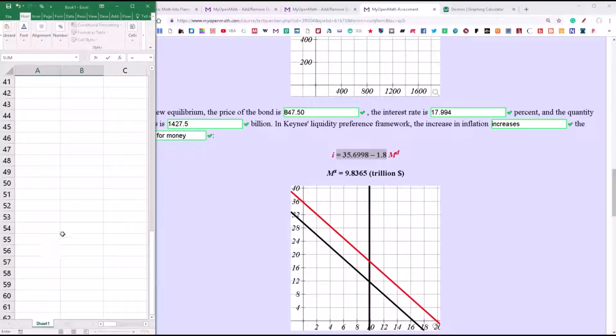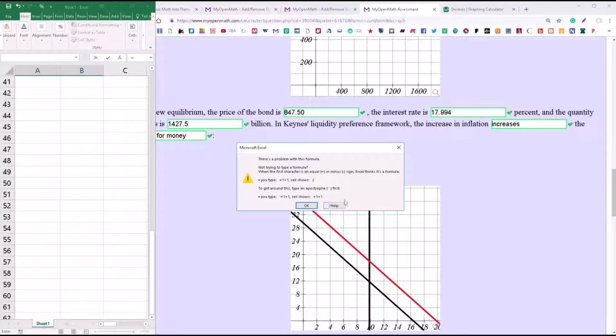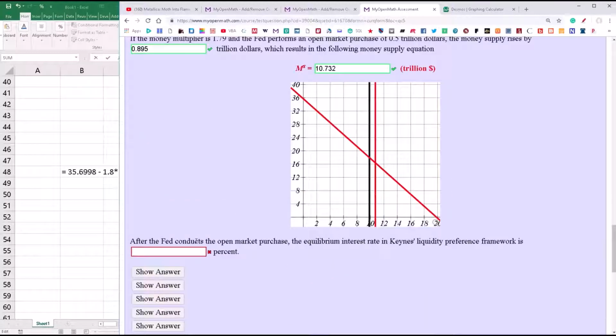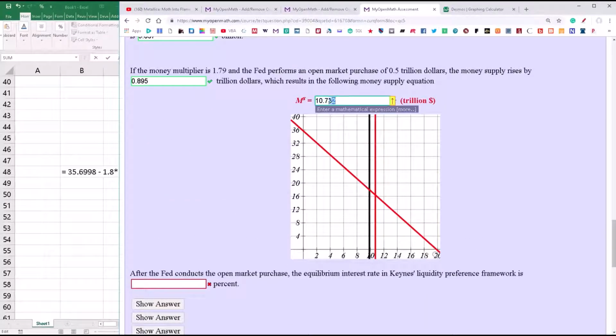Is there something where it's not colored? Okay, get rid of the minus, the long dash. So we're taking the red demand equation that results from the increase in expected inflation, and we're going to substitute in the value of the new money supply, which is 10.732.